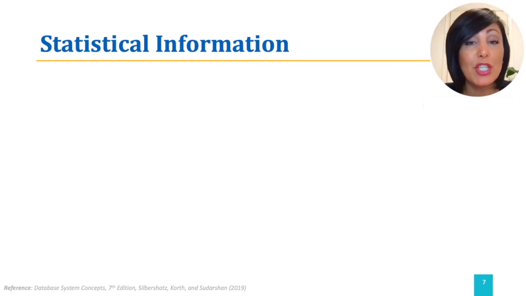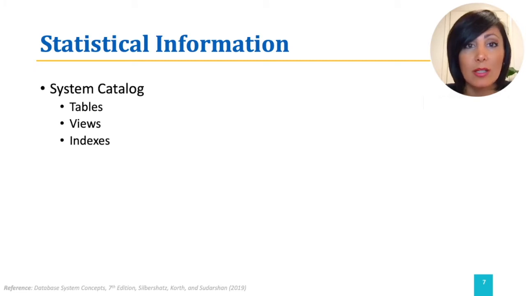So we use information about data in our size estimations. Once again, where do we get that data? As we mentioned earlier, we can use the system catalog for information about tables, views, and indexes.